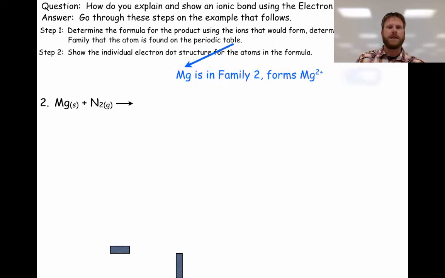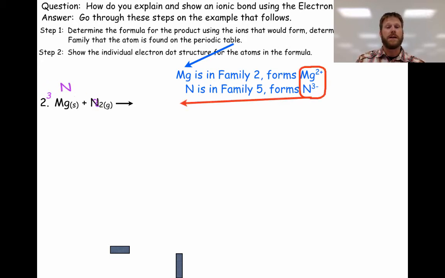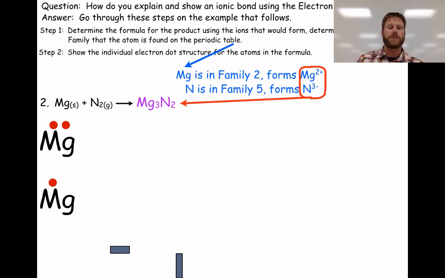So magnesium is in family number 2, so it forms a +2 charge. Nitrogen is in family 5, so it forms a -3 charge. So the formula for magnesium nitride would be Mg3N2. So now I have to draw 3 magnesiums, each with 2 valence electrons drawn as dots.